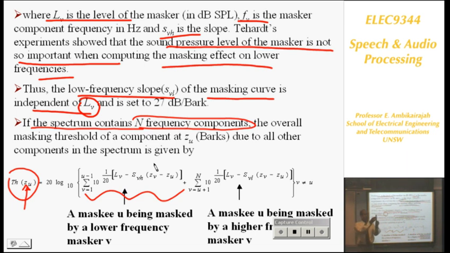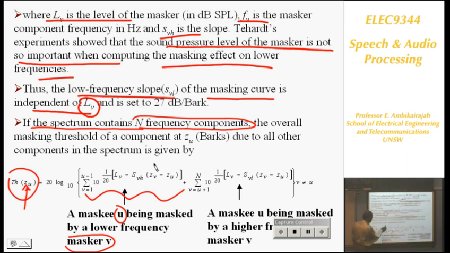frequencies. If this is your attitude, masking contribution all this side, the masking contribution to this side. So he calculates mask U being masked by a lower frequency mask V is that, a mask U is being masked by a high frequency this.